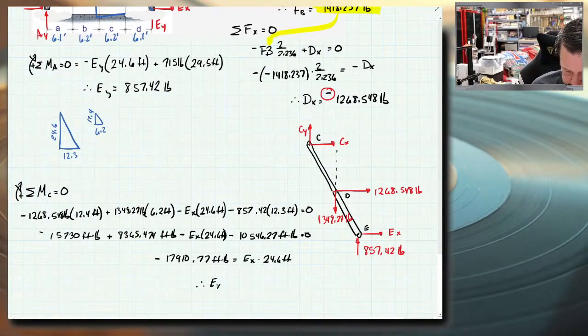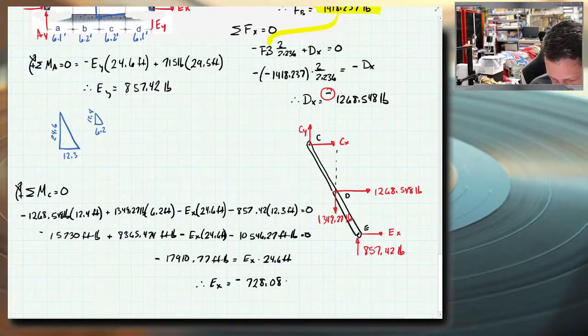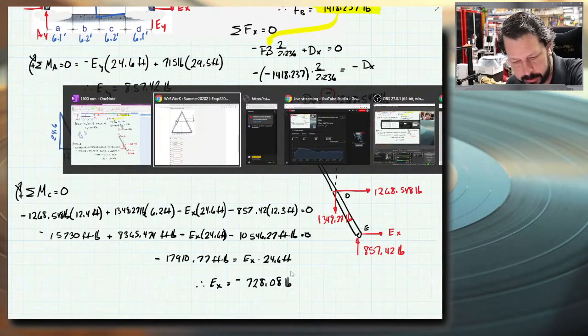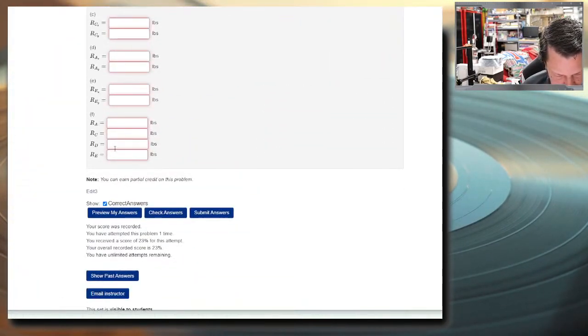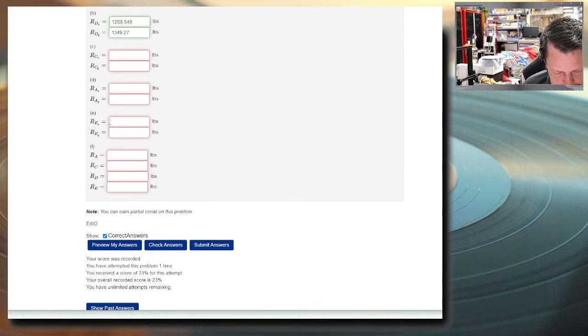Therefore, EX, I drew the wrong way. Divide by 24.6, 728.08 pounds. Let's see if that is correct. Oh, I don't know where EX is. EX is right there.